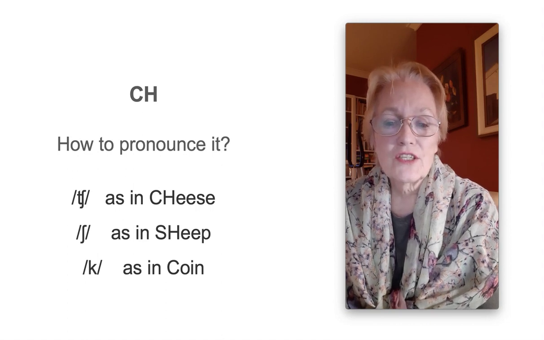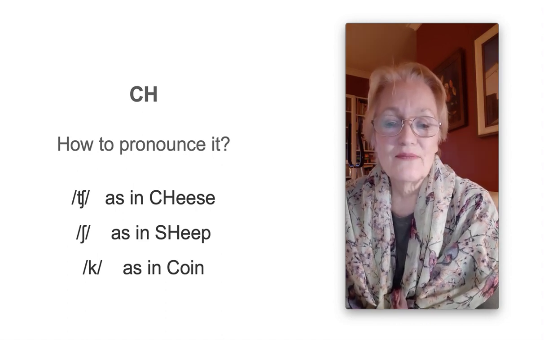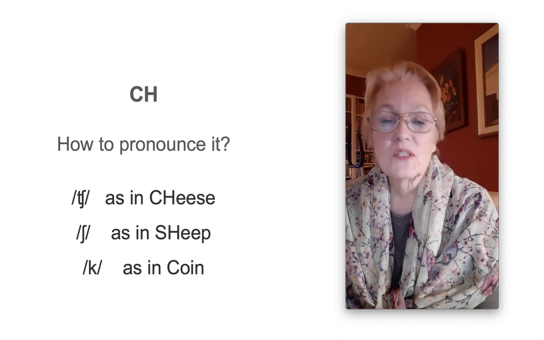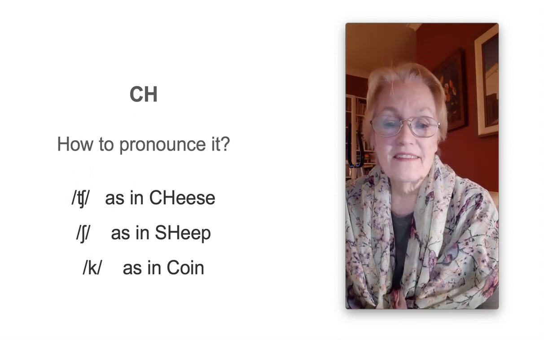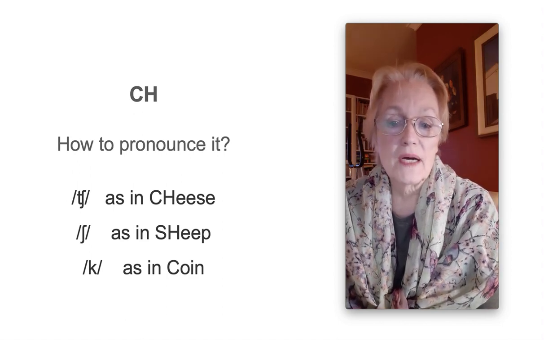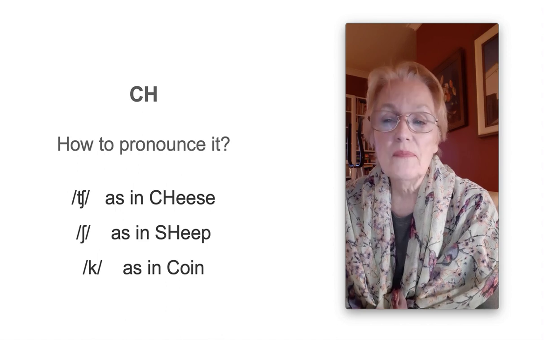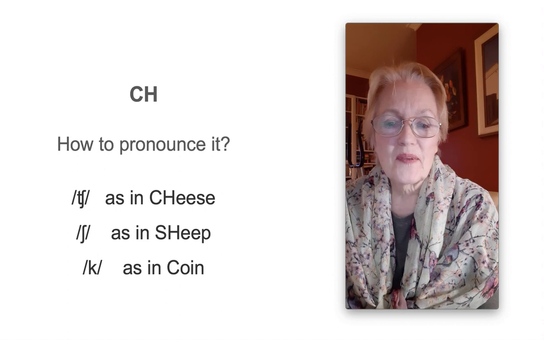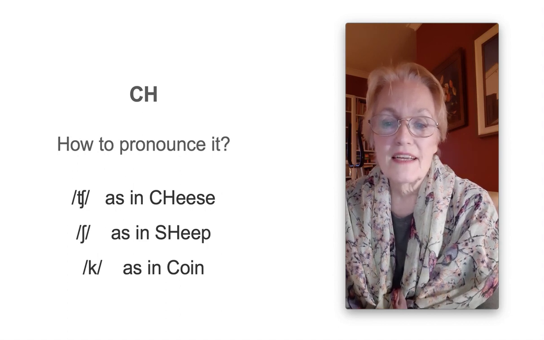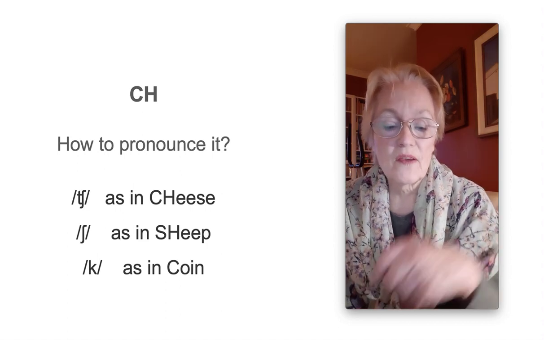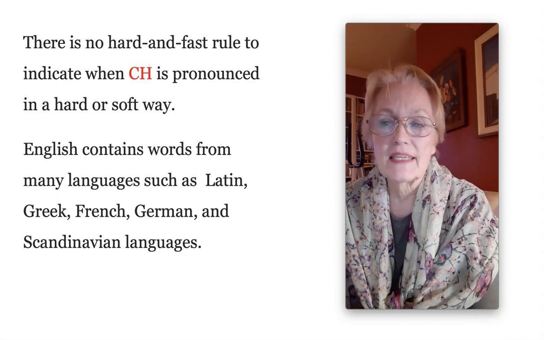Sh, sh, sh. And then the last one is coin, just like a K sound, or a C by itself, coin. But the first two are the more common ones. So there are three different sounds for the CH. So we'll have to examine them and see.